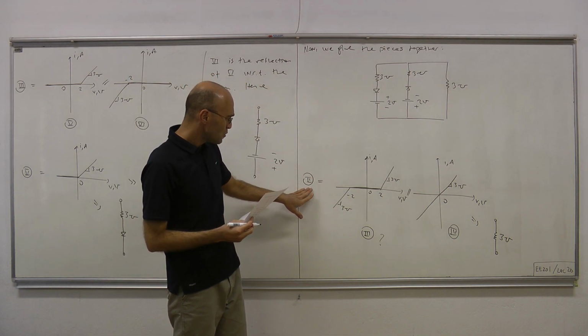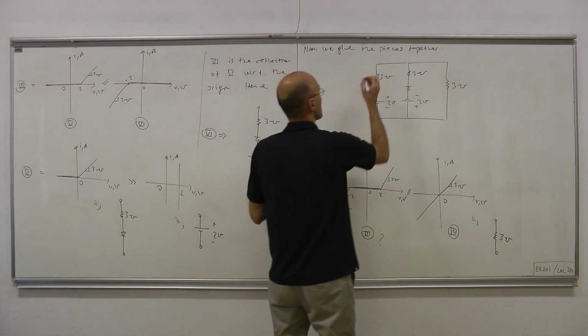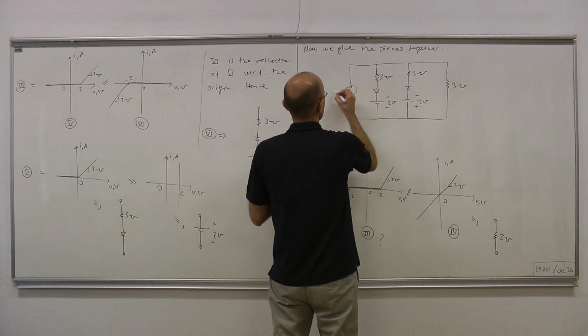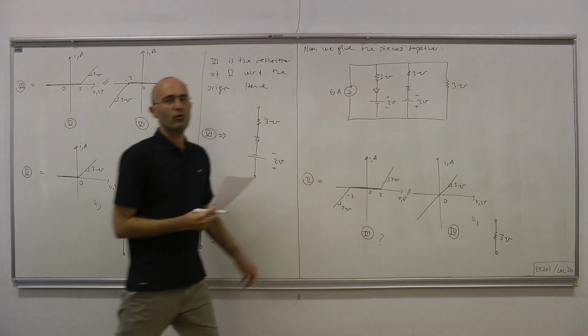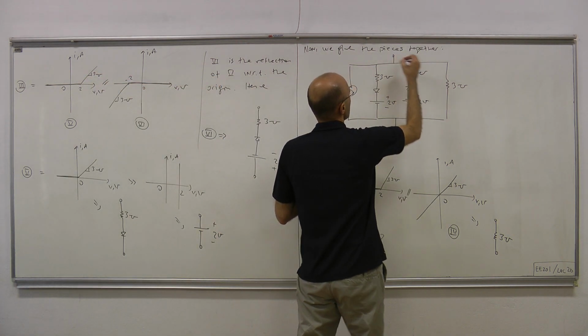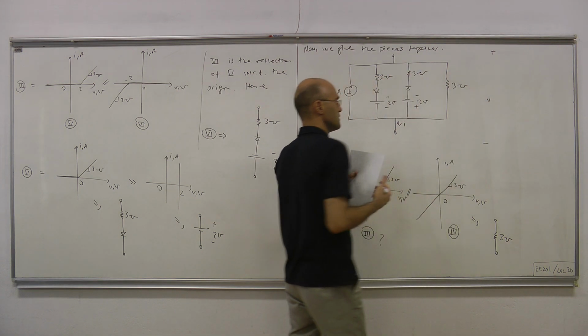And 2 was in parallel with 1, and 1 was a 6 amp current source. Okay, and therefore our design is correct. Plus minus V, and here this is the current.